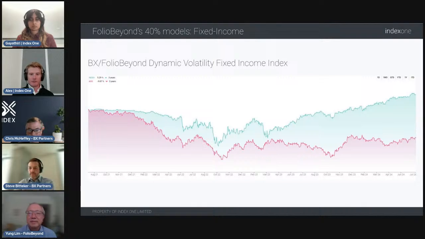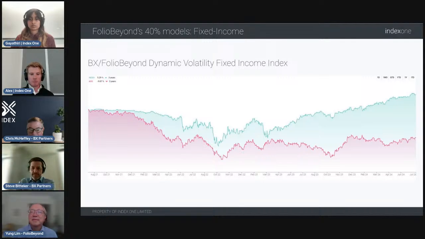And I think this is what's really interesting, especially going forward, is how we can make what has traditionally been very passive look more active and systematic in nature.